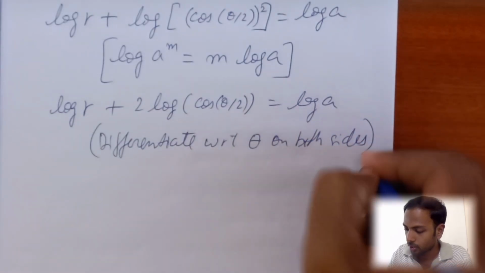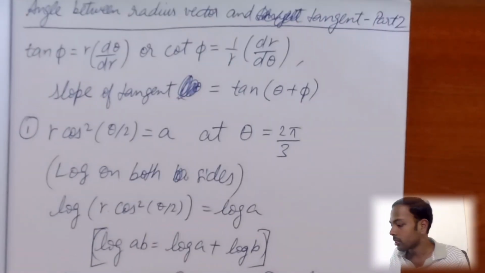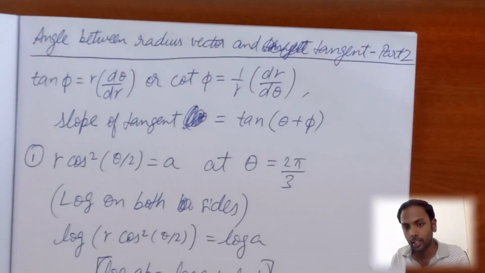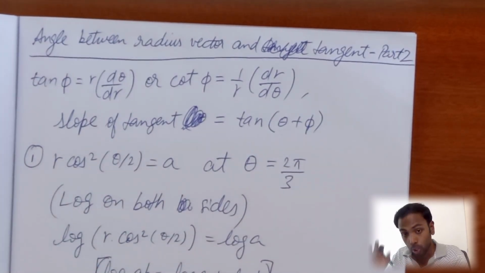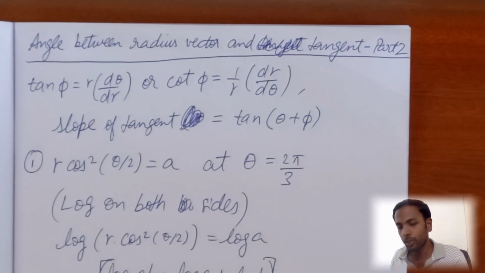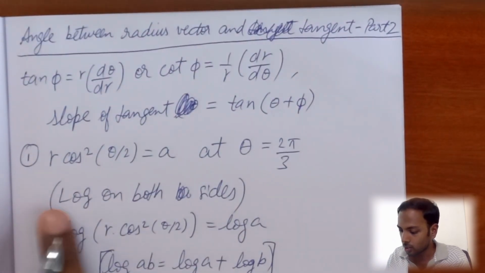These two steps, log on both sides at the beginning and this differentiation step, are mandatory. They will appear in every question, at some point you have to apply those two steps, whereas taking log is always at the beginning.